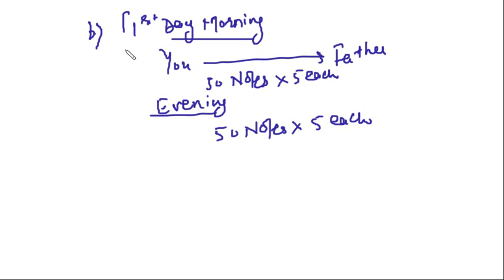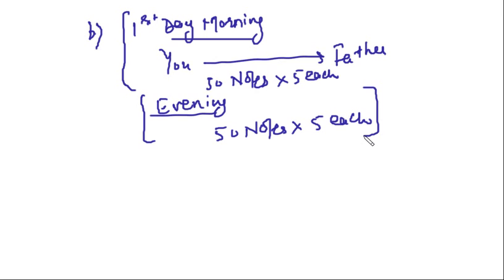Now, in the morning you are doing share capital, right? Your requirement for that day is 500 rupees. But what you have done is you have divided that into 2 parts. You tell your father, give me 50 notes of rupees 5 each right now and give me 50 notes of 5 each later on in the evening or next day morning, whatever. So you haven't asked for rupees 10.